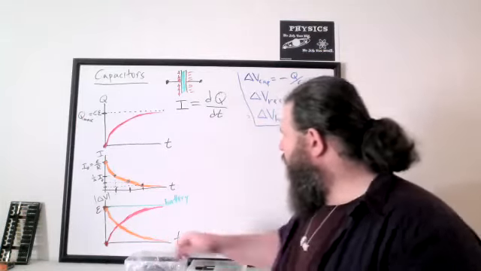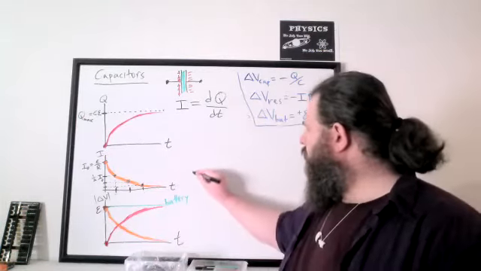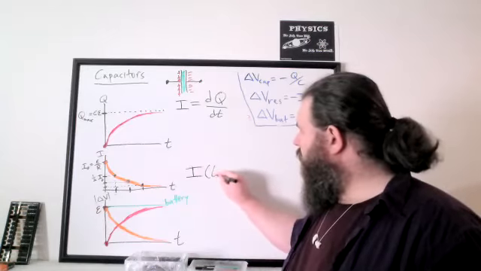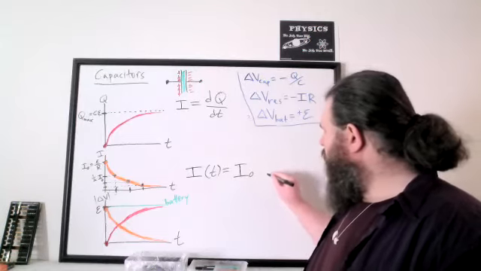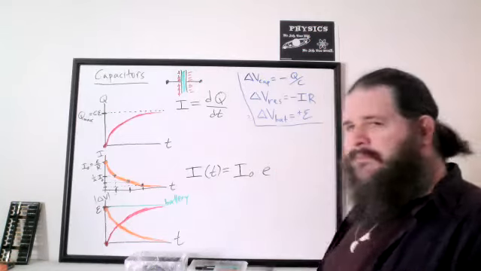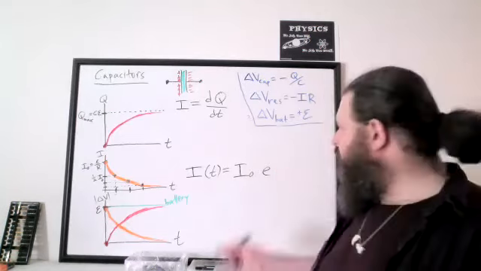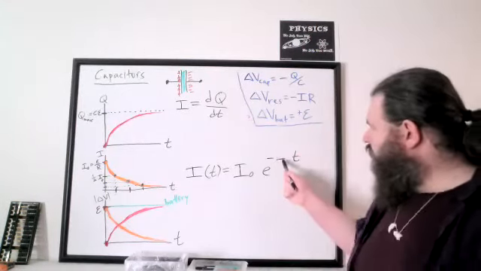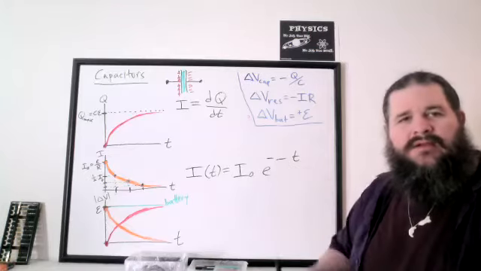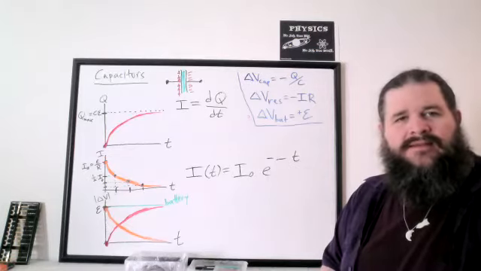So all we really need for that is current at any time equals initial current times e to the something. Since it's decay, that's going to be e to the negative something t. And have you seen what that multiplier is going to be?